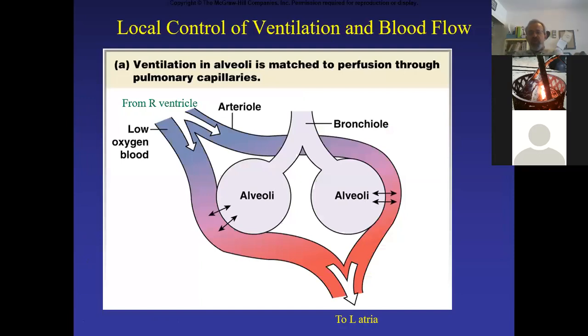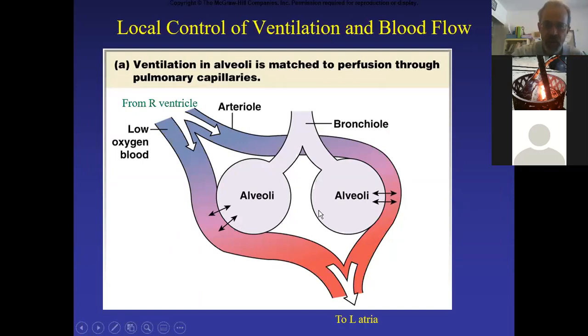So we've spoken about how we control breathing, right? I've mentioned the pons, I've mentioned the chemoreceptors, different factors as far as voluntary regulation. But one interesting aspect of breathing has to do with the condition of our blood vessels. And this is actually quite fascinating. So this is a diagram showing the bronchioles.